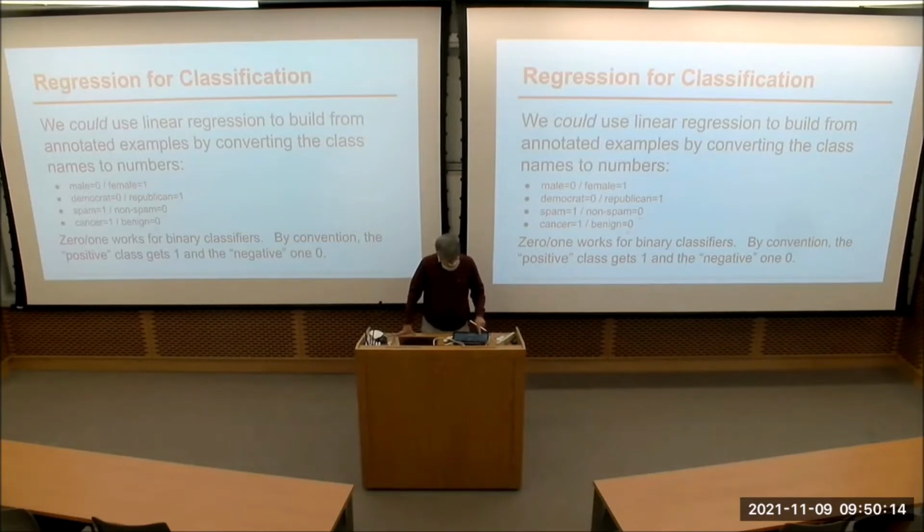You can label every item, one of the classes 0, one of the classes 1. And people typically call the positive class, which is probably the smaller or more interesting class, the positive one. So in a test of cancer versus non-cancer, positive usually means you test positive for something.